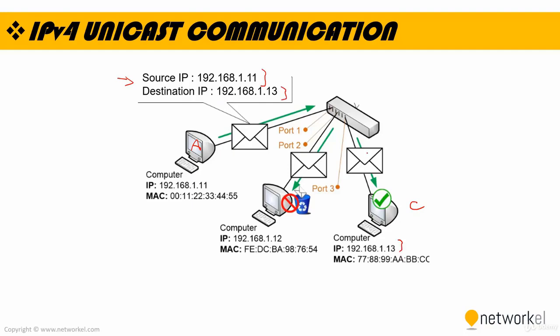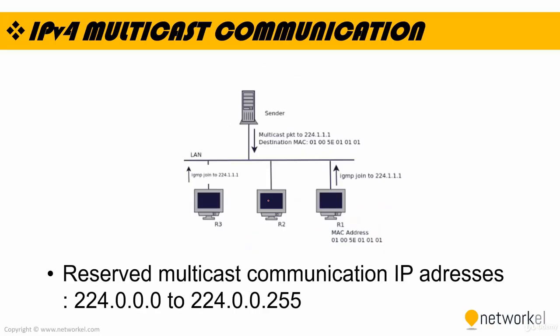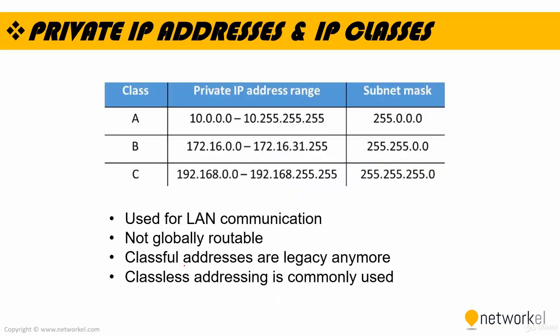And the packet is only going to computer C, not to computer B. If I want to send the multicast to the network that I'm in, reserved multicast communication IP addresses are 224.0.0.0 to 224.0.0.255. I need to send the packet to these IP addresses if I want to send a multicast to my network.